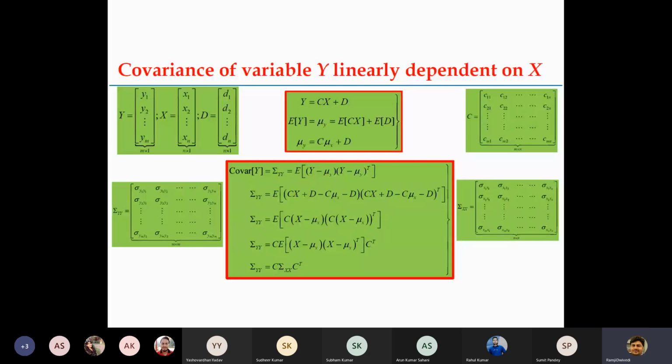One is the input variance covariance matrix, which is sigma xx. The other is the output variance covariance matrix, which is sigma yy. Why? Because y is a function of Cx plus d. Now you know the x, you will get the y. You understand this part? So if you have two such systems, one is sigma yy, another is sigma xx.